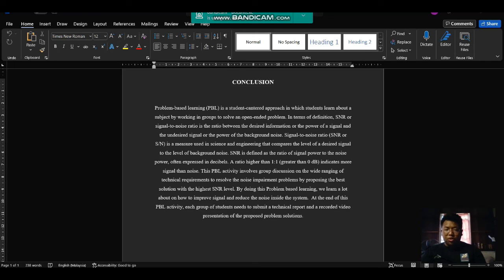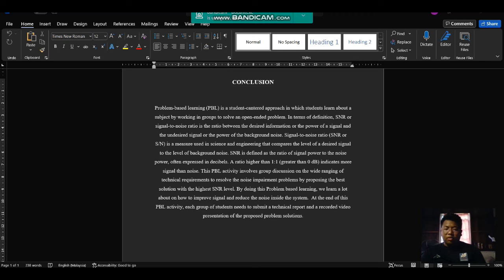Signal-to-noise ratio (SNR or S/N) is a measure used in science and engineering that compares the level of a desired signal to the level of background noise. SNR is defined as the ratio of signal power to the noise power, often expressed in decibels. A ratio higher than 1 to 1, greater than 0 decibels, indicates more signal than noise.